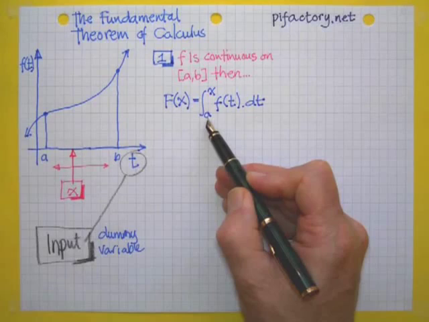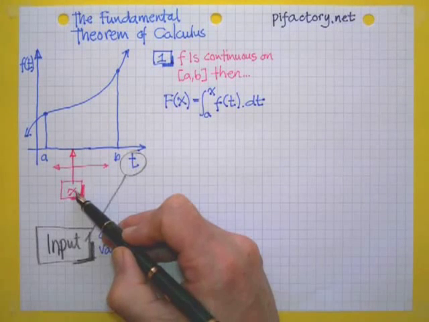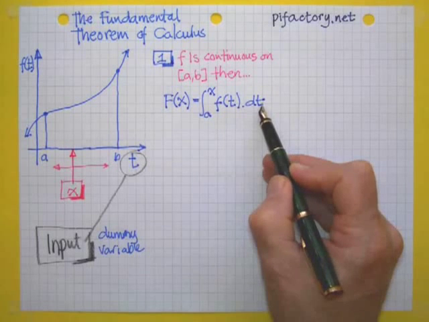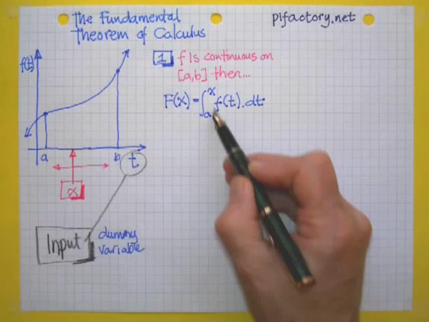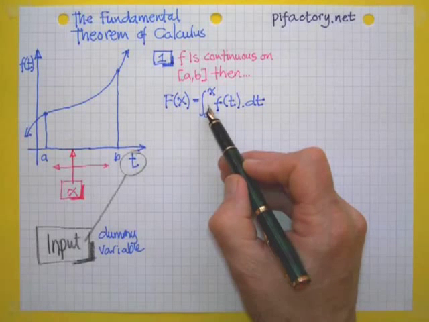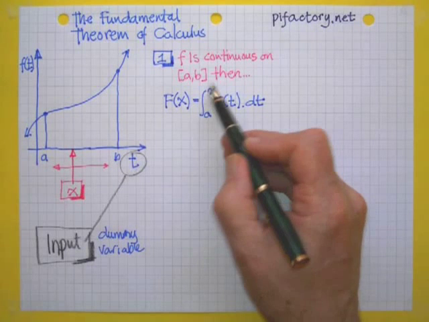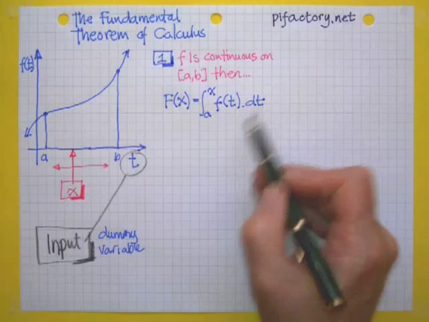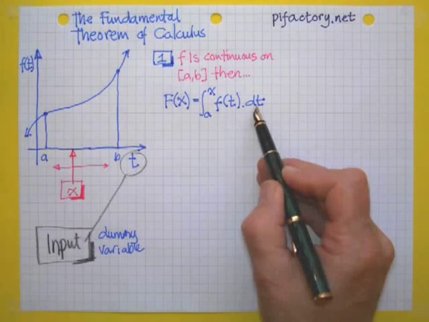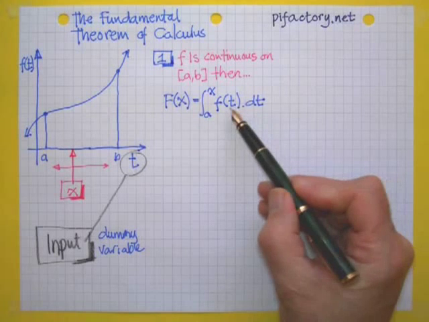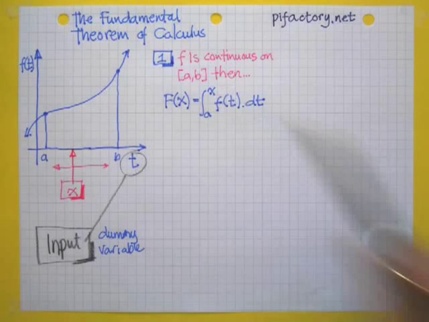Here we see that our lower bound is a, and now our upper bound is a variable x, f of t dt. So large F of x is going to be the integral between a lower bound of a, upper bound of a variable x, f of t dt. So t here very much is a sort of a variable that's waiting, is an input waiting to receive this variable x here.